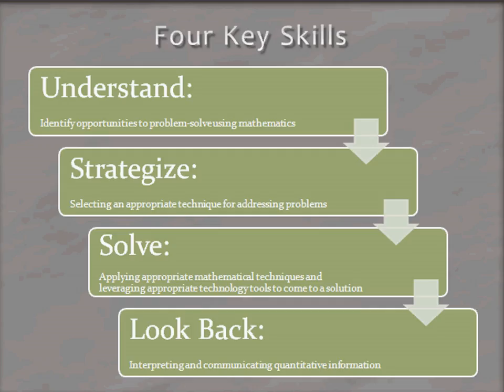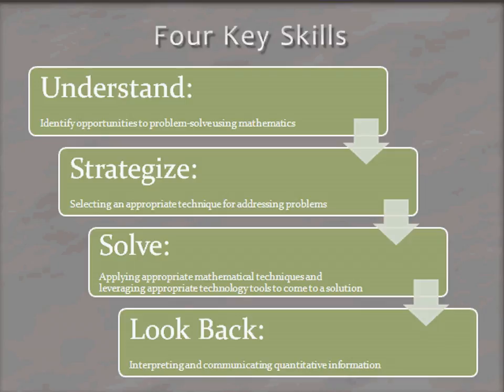As you work to become a strong problem solver, we'll come back to 4 key skills time and again. These 4 key skills will be applied in sequence in every problem that you work to solve. The first skill is understanding. That is, identifying opportunities to problem solve using mathematics in a variety of different contexts. The second skill is strategizing, or selecting an appropriate technique from mathematics to address problems.